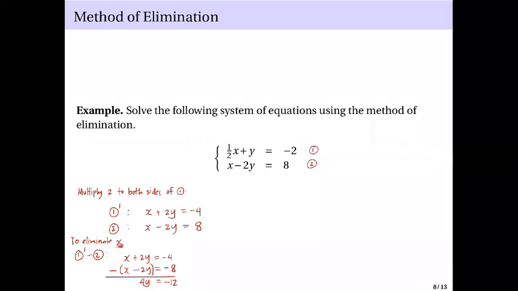And therefore, you will get y equals minus 12 over 4, and this is equal to minus 3.